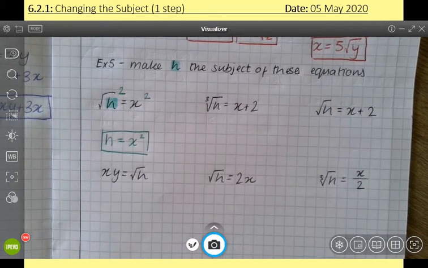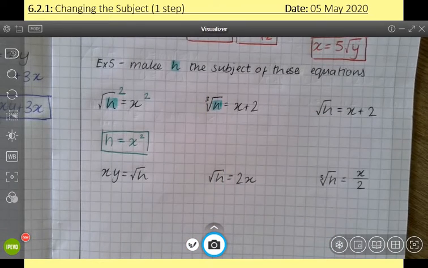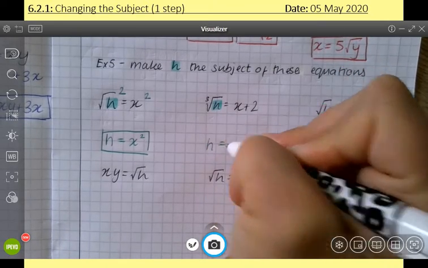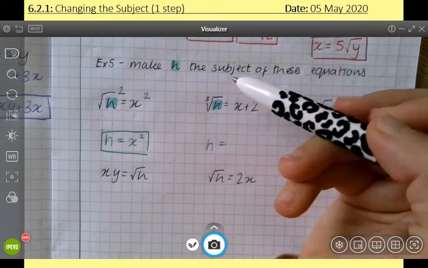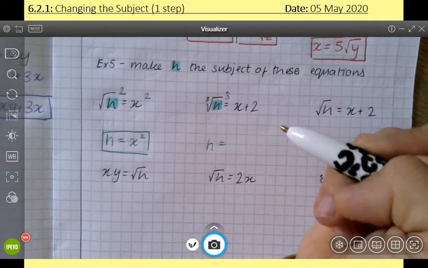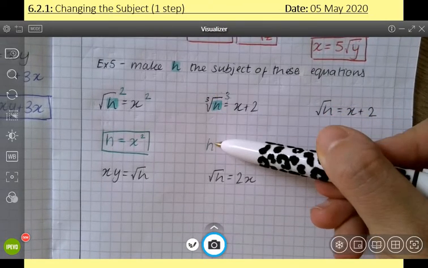Next, I want to make H the subject of this equation, and I can see that H is inside a cube root this time. So to get H by itself, I have to do the inverse of the cube root, which is the cube. So these two cancel each other out, the cube and the cube root, and leave me with H on the left hand side.